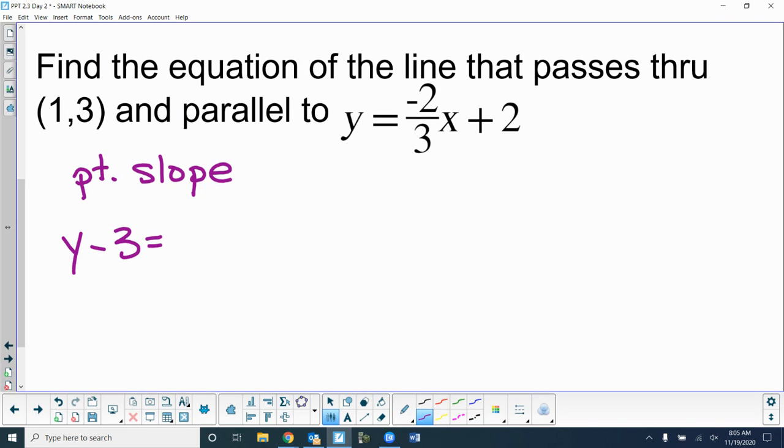Whatever's in front of the x. And then x minus the x dot. And then what we're going to do is solve for y, and we'll have the equation of the line.